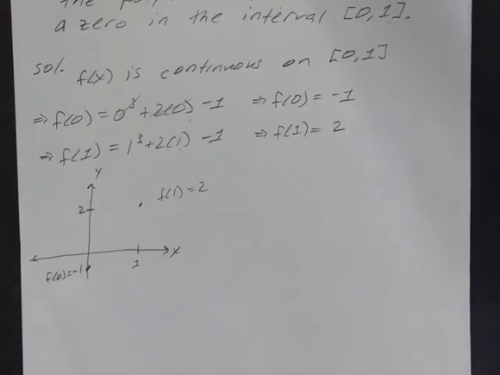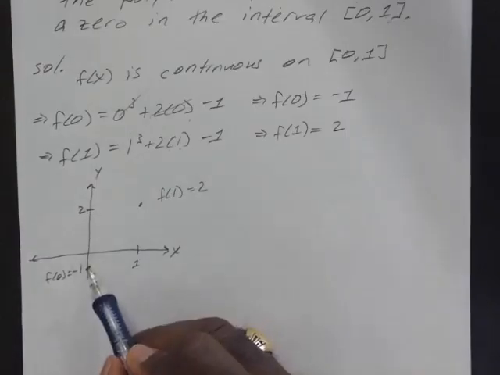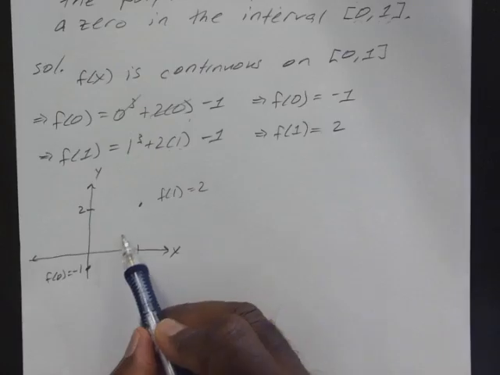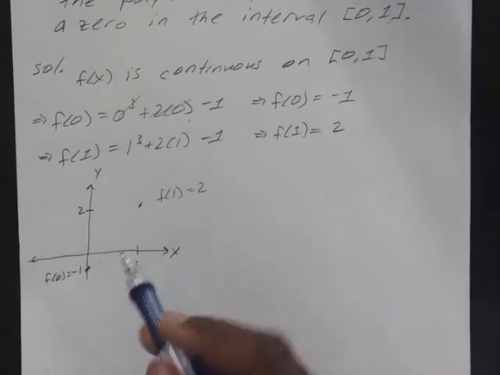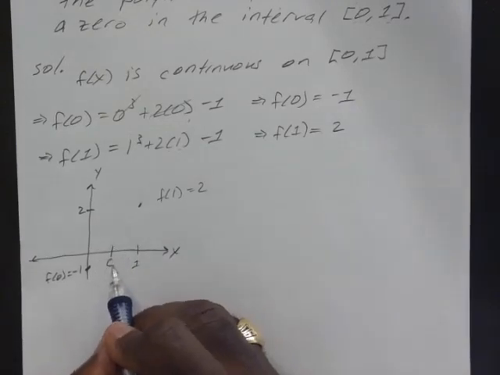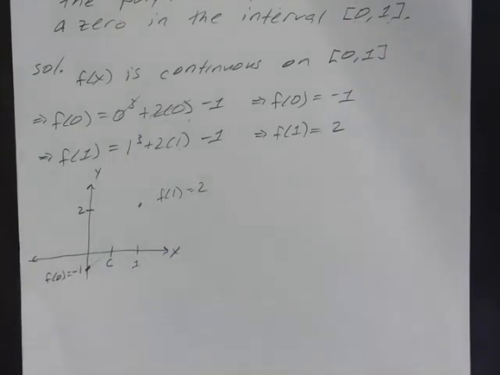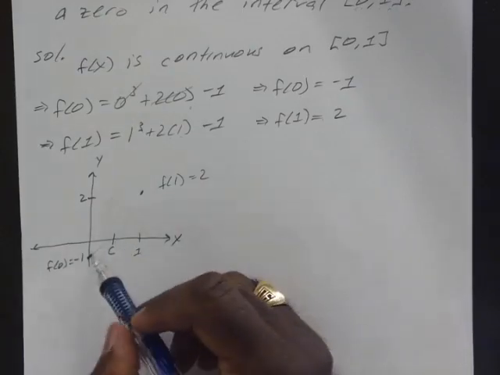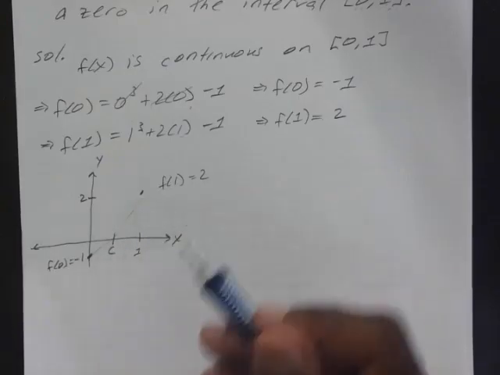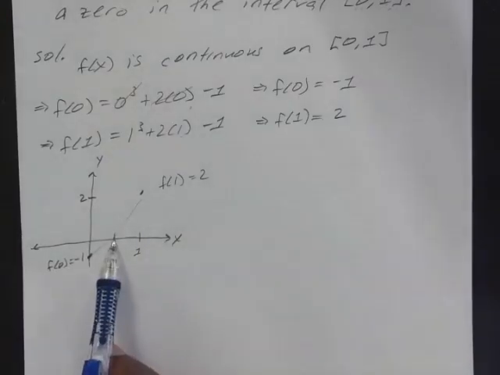So as long as it's continuous, we know that at some point, this graph is going to have to cross the x-axis to get to the continuation of it. So the only way it can do that is knowing that at some value c, it has to cross that x-axis. Okay. So that's how we know, because of the intermediate value theorem, it's continuous, and we know that if it's continuous, at some point, there's going to be a value where f of c would have to equal 0.